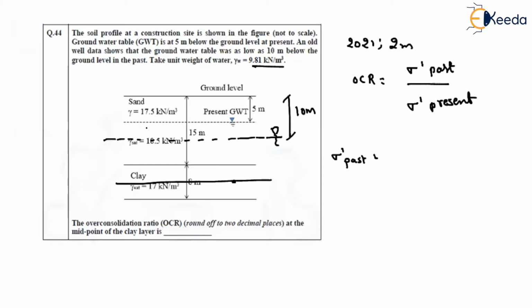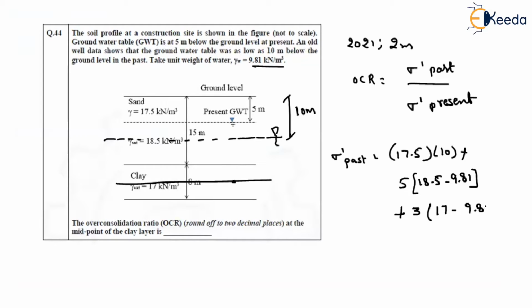It will be of dry sand, 17.5 into 10, plus the remaining, from total 15 minus 10, is 5, into gamma dash, where gamma saturation is given as 18.5, so 18.5 minus 9.8, plus at the center of the clay layer, which is 3, 3 into 17, gamma saturation, minus 9.8.